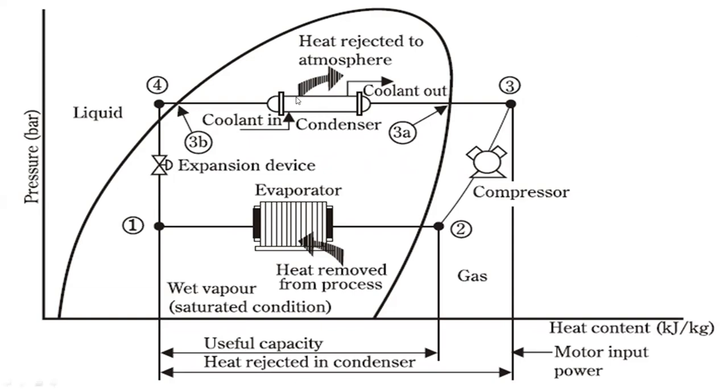Then from 3 to 4, the high pressure superheated gas passes from the compressor into the condenser. The initial part of the cooling process, that is 3 to 3A, desuperheats the gas before it is then turned back into a liquid, 3A to 3B. The cooling for this process is usually achieved by using air or water.